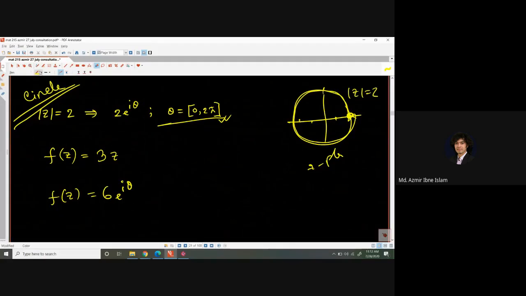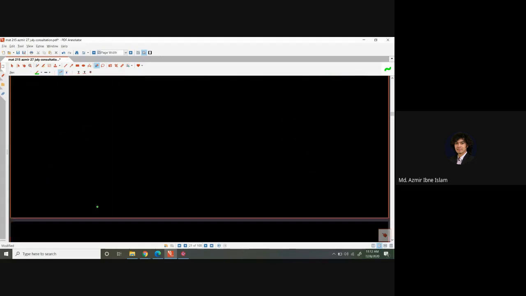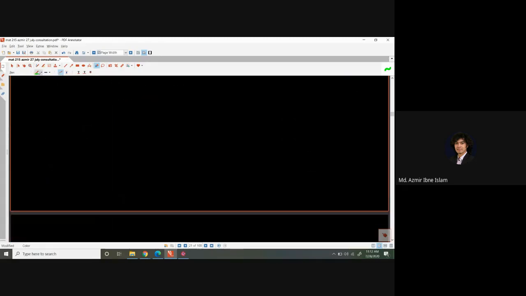Just try to understand the concept that 2 e to the power i theta gives a circle with radius 2. We have the same form here, so that will also be a circle, but the radius is different, 6. Now let's summarize. This is our z plane.